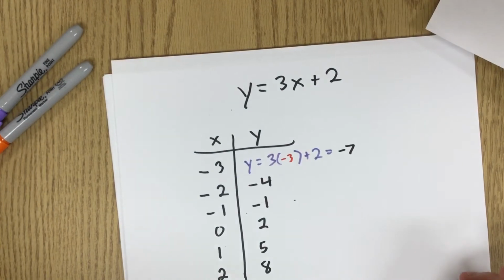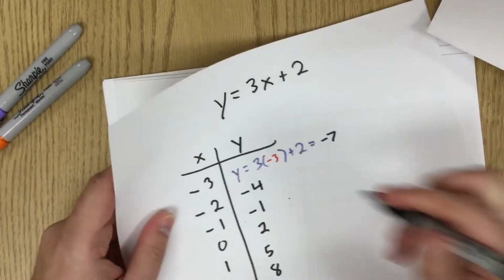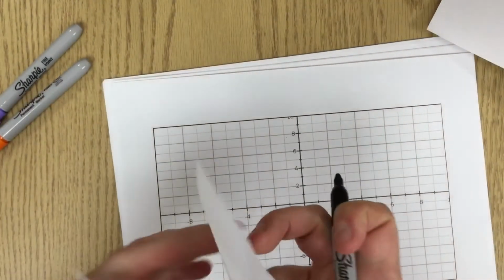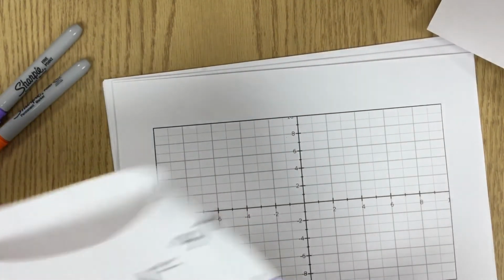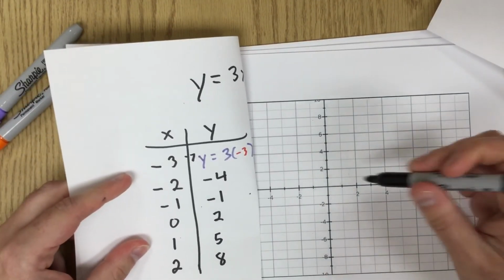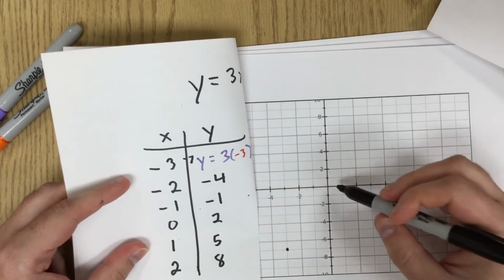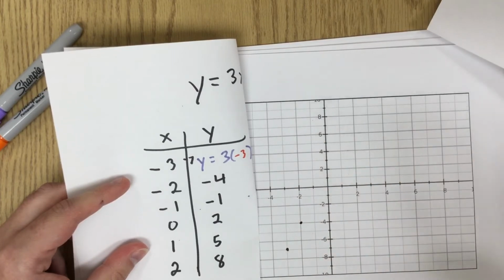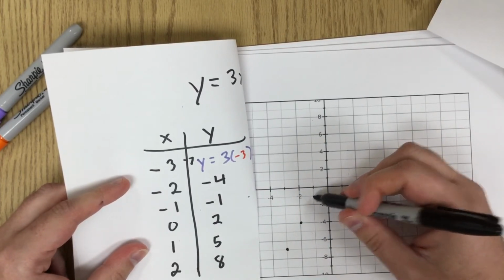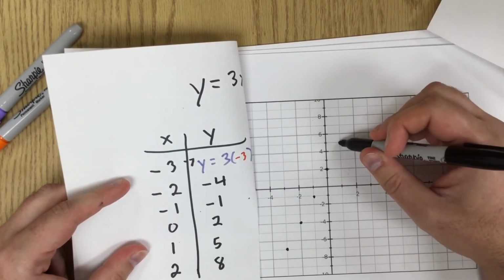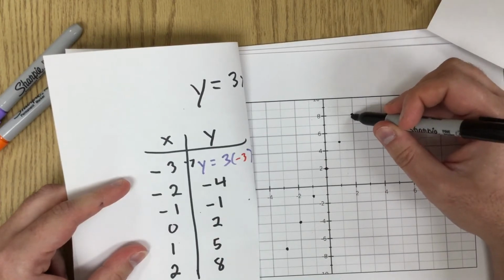Okay, so probably we'll be able to do a better job now. What we have is the point, well that was -7. Probably keep that in range. So we know that we have the point -3 and -7. We have the point -2 and -4. We have the point -1 and -1. We have the point 0 and 2. 1 and 5. 2 and 8.